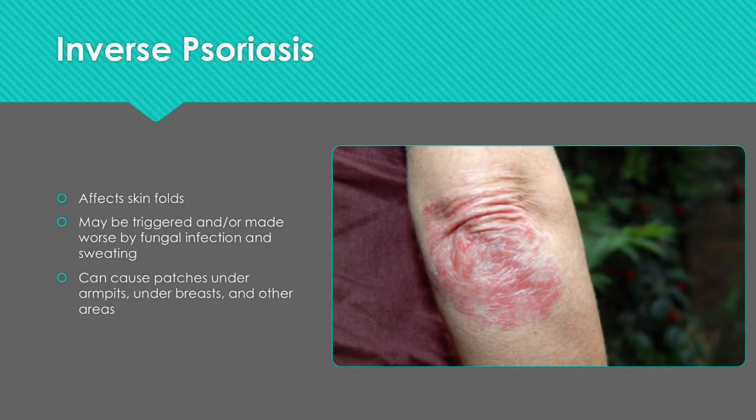Next is inverse psoriasis. This form tends to affect areas with skin folds. Examples are under armpits, under breasts, around the belly button, even in the picture shown, it's around the folds in the elbow. So essentially anywhere there's folds. This can be triggered or made worse by fungal infections and sweating.